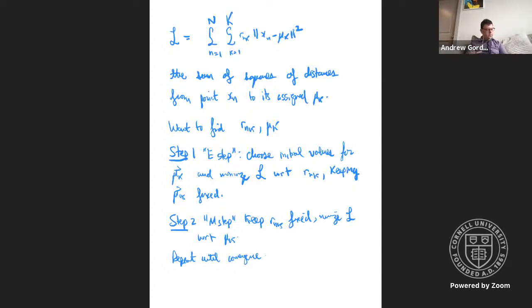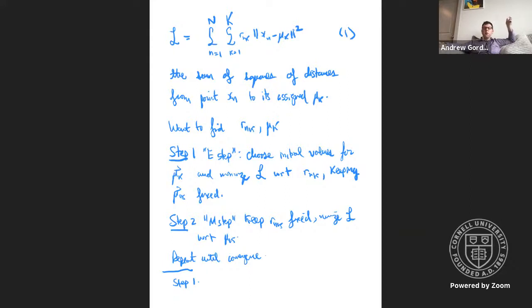Okay, so if we consider step one, we can see that this equation for our loss, equation one, separates linearly across all of our data points n. So that allows us basically to consider each term separately. So we can think of what we want to do for each individual data point, and that will be what we want to do for all of the data points. If we forget about the outer sum and look at the inner sum, we want Rnk to be 1 for the distance that is smallest between xn and the current setting of mu k.